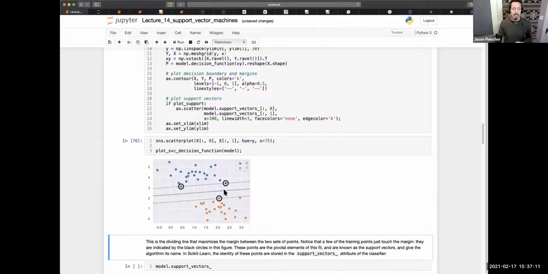Those are the support vectors. This has been a question that's come up a few times: we need at least two to define the line, right? The lines are all parallel, so we need at least two on one side in order to define this line.